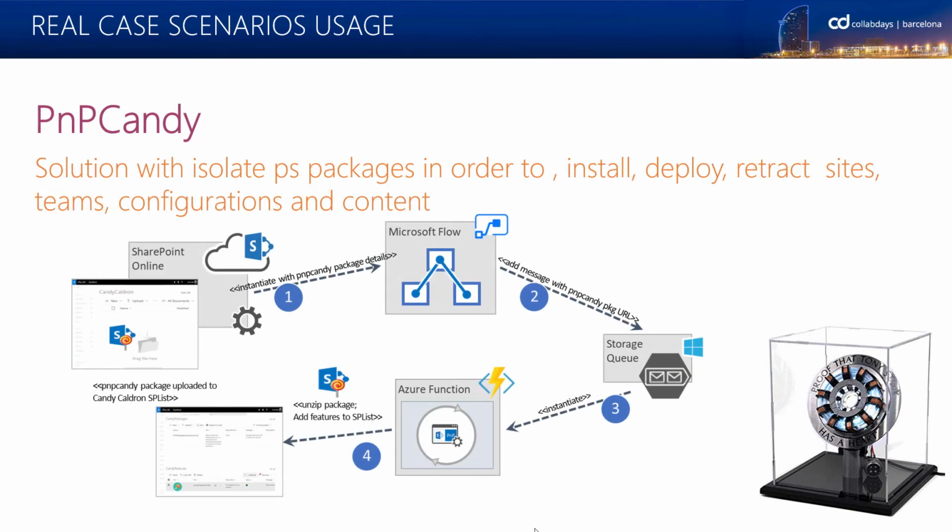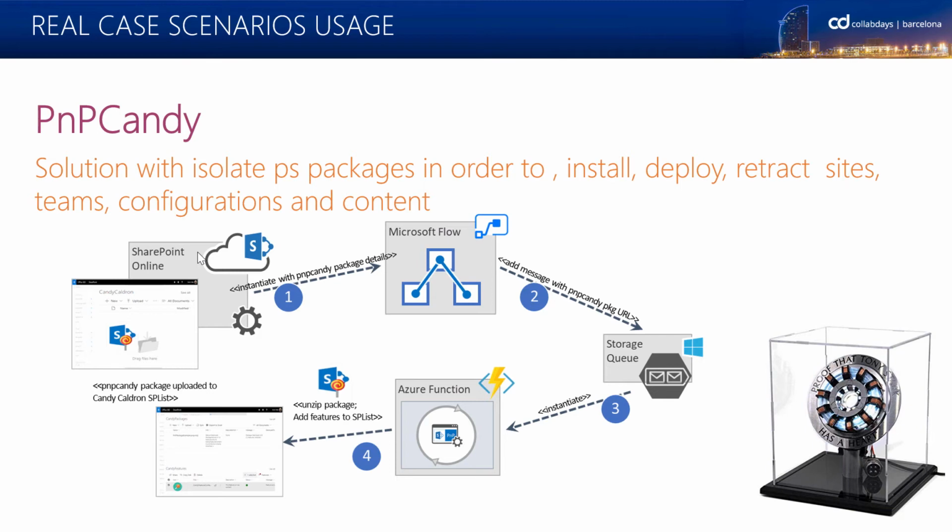This is basically the example, the flow for the PNP Candy. The idea here is we build the packages, and packages are like zip files with a specific structure with PowerShell scripts inside, with some structure regarding the classes.